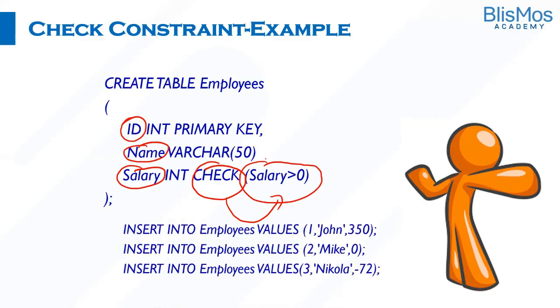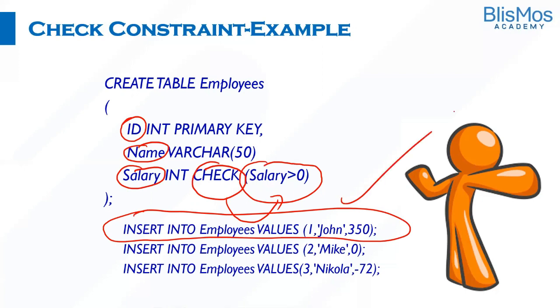So assuming that you want to insert these values: 1 John 350, 2 Mike 0, 3 Nicola minus 72. Can you think what may happen while inserting the data here according to what we have already explained? Yes, you are thinking right. The first record will be inserted without any problem.